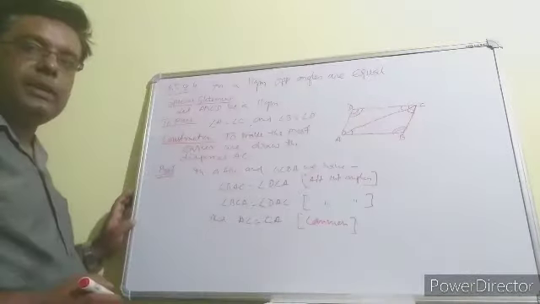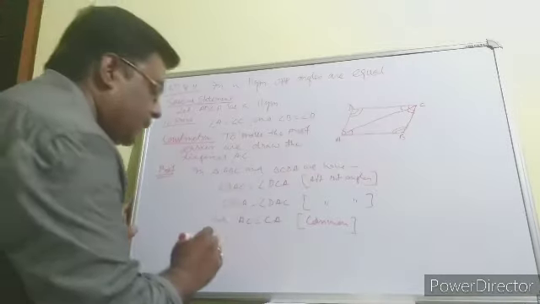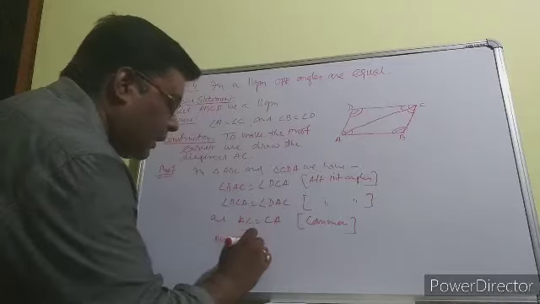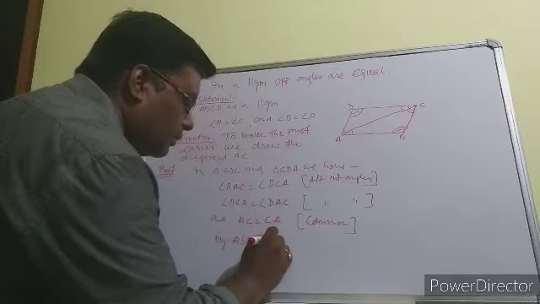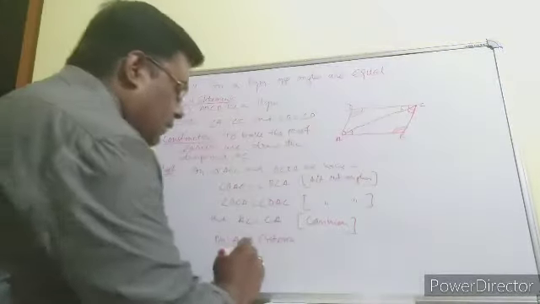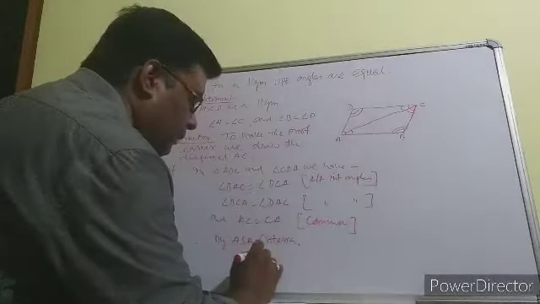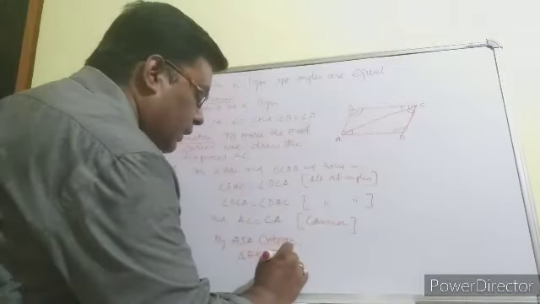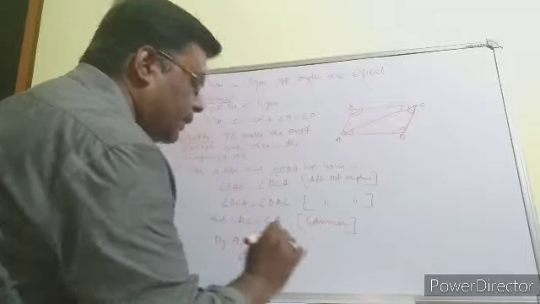AC equal to CA. Therefore, by angle side angle criteria or congruence rule, triangle ABC is congruent with triangle CDA.